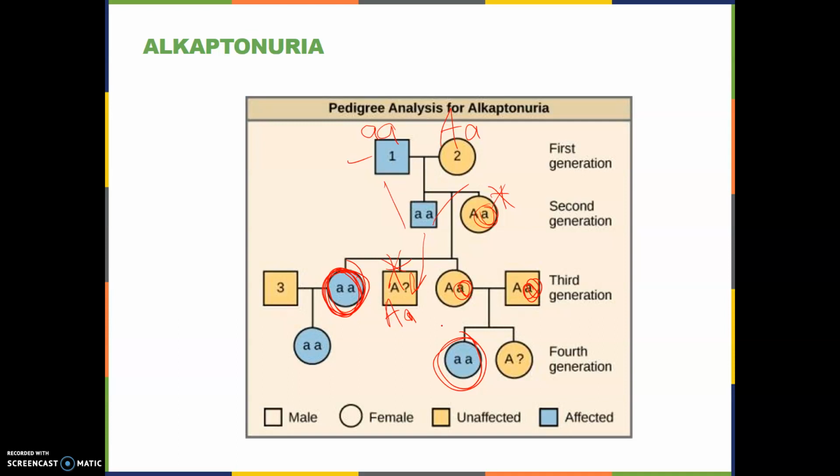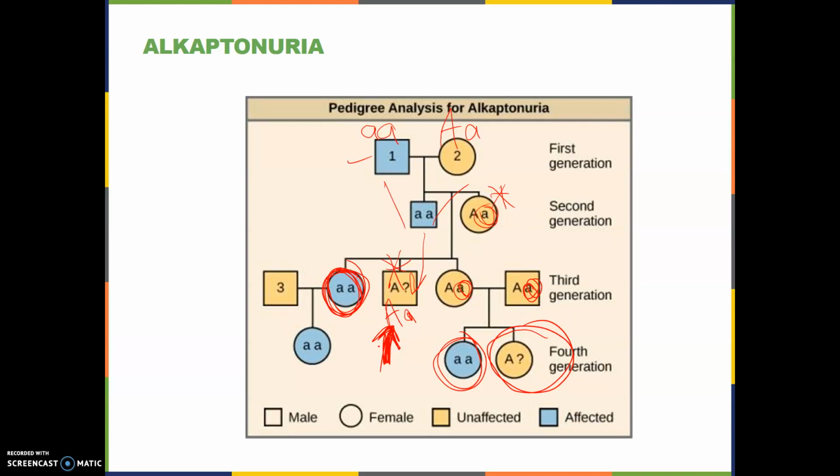We do not know in the fourth generation if this daughter is big A, big A, or big A, little a, because she could have gotten two big A's from her parents, or she could have gotten a big A and a little a. But this individual here, that is a mistake in the illustration. Whoever drew it just made a mistake because the father only had little a's to give.